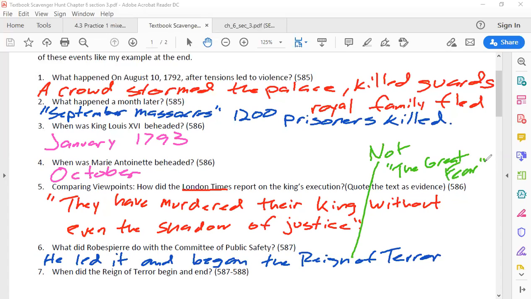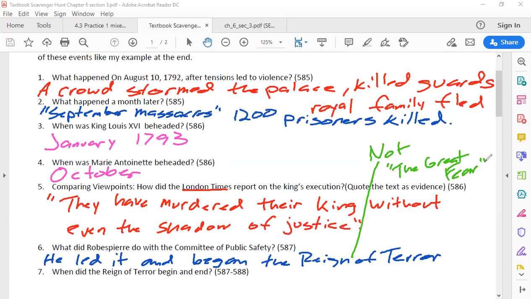The Great Fear happened in the countryside where peasants, farm workers, were going into the homes of these nobles and burning records and stealing grain and threatening these nobles. Where the Reign of Terror was in the cities where they were dragging people out of their homes and chopping their heads off, or hanging them or imprisoning them forever until they rotted in prison. So, different event.